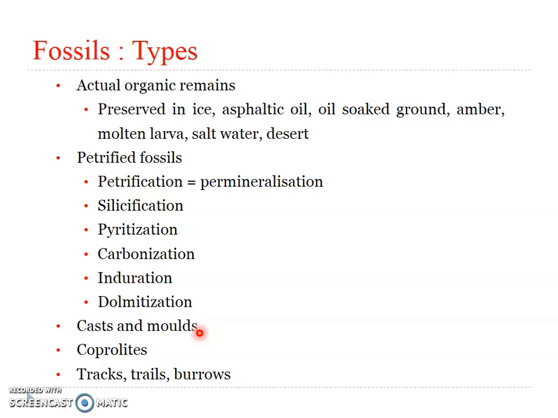Now, if you look into each one in detail, the actual organic remains. So here what happens, the entire organism becomes extinct, or original hard parts such as bones, teeth, shells, etc. get preserved in natural preservatives. Some specimens are preserved relatively unchanged from their original condition.